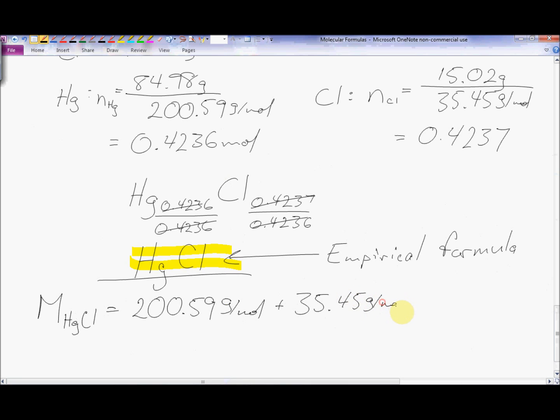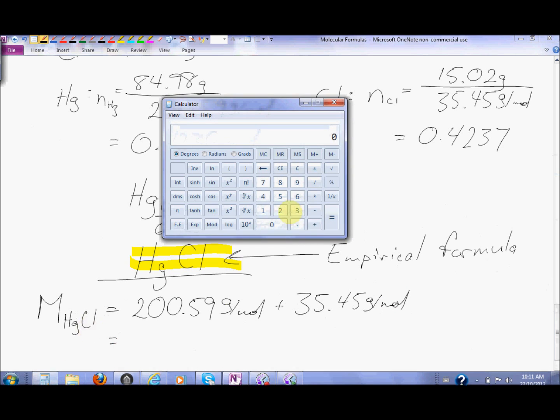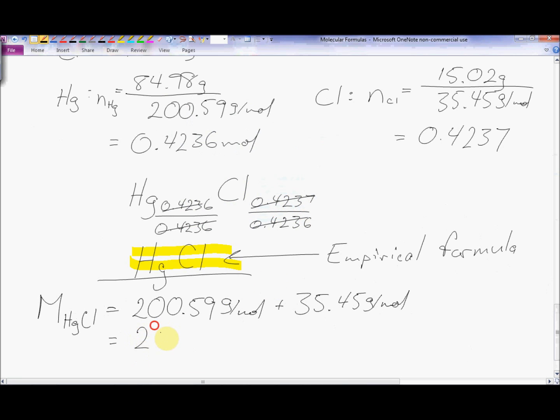So the molar mass of the empirical formula in total is 236.04. So that's the molar mass of our empirical formula.